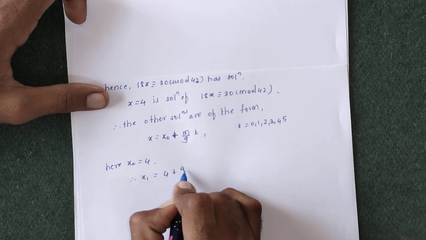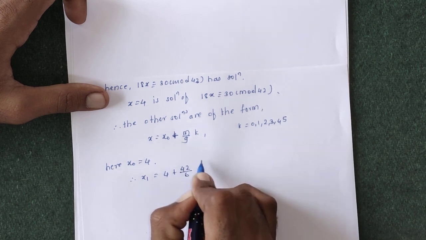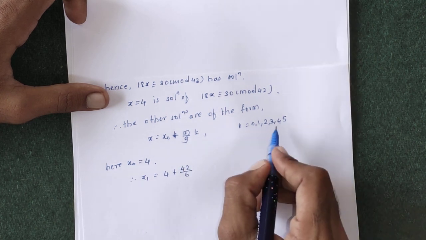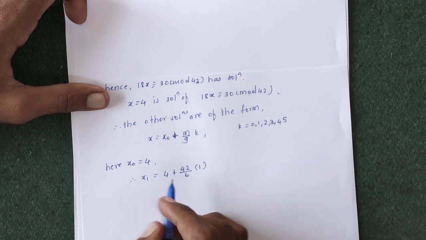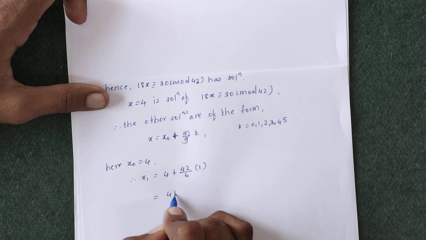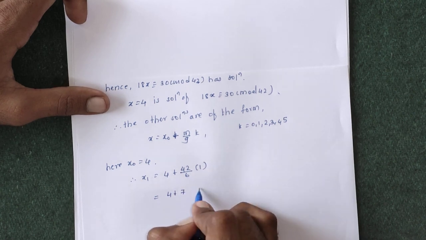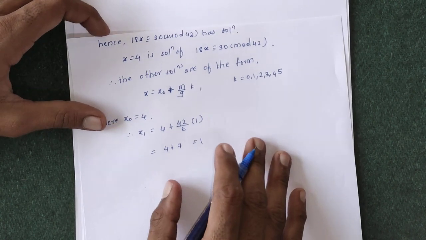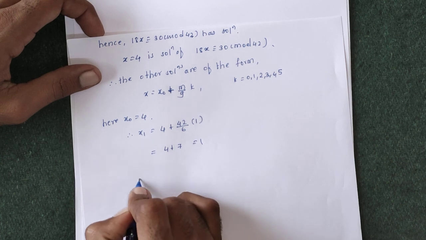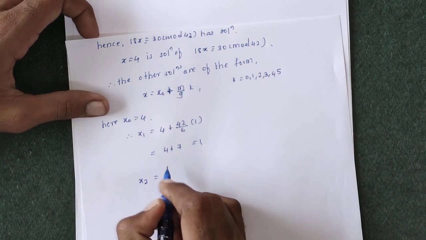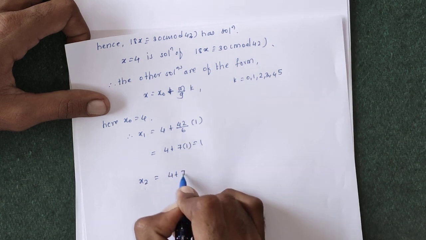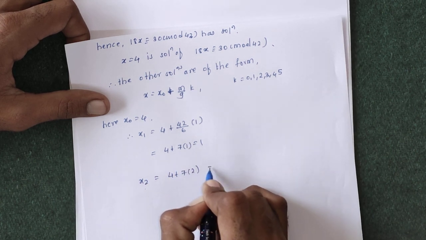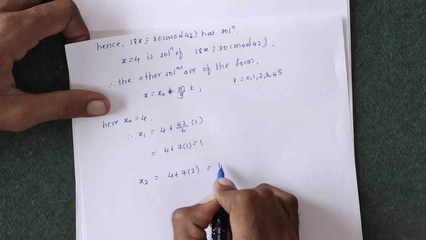If we put k equals 0, we get x naught, so we put k equals 1, that is 4 plus 7 is 11. So 11 is another solution. For x2, 4 plus 7 into 2 is 4 plus 14, which is 18.